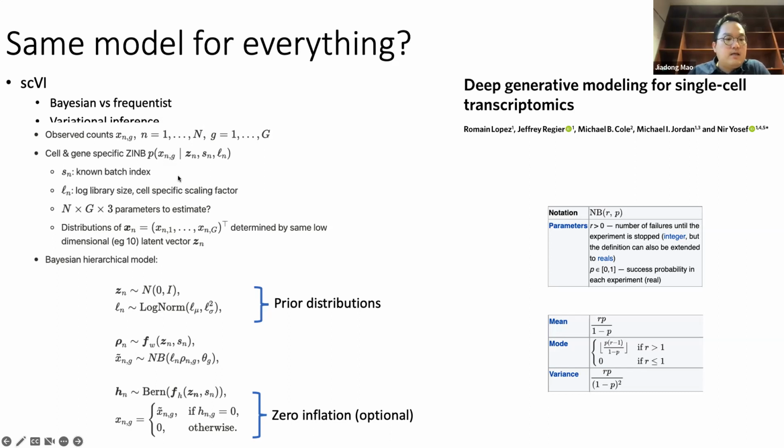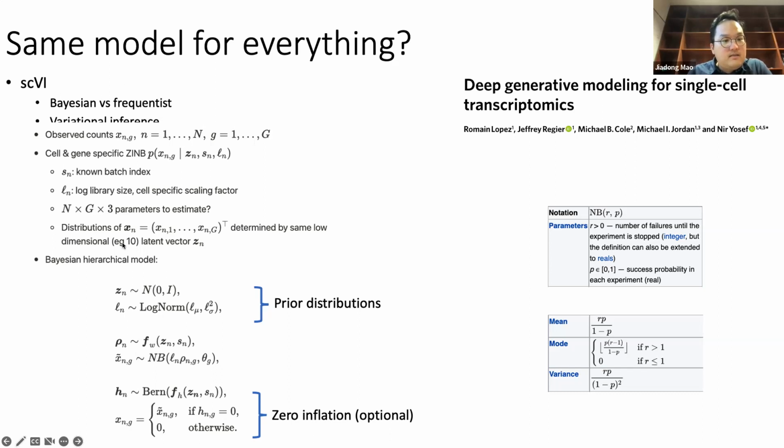In order to fit so many distributions at the same time, we use a latent vector. For each cell, we have a latent vector, and the dimension is much lower compared to the original dimension G of the problem.